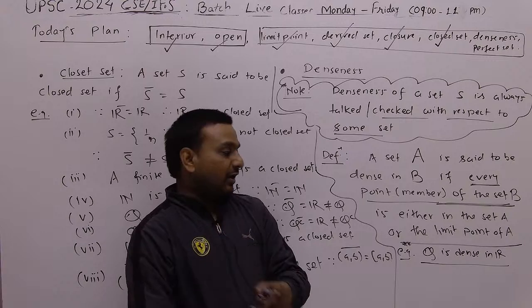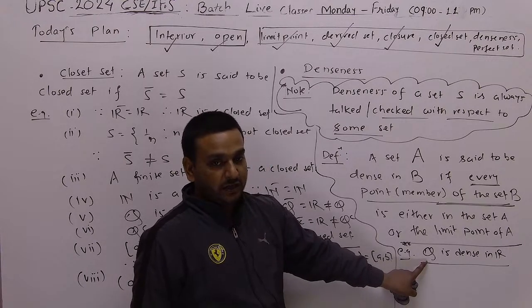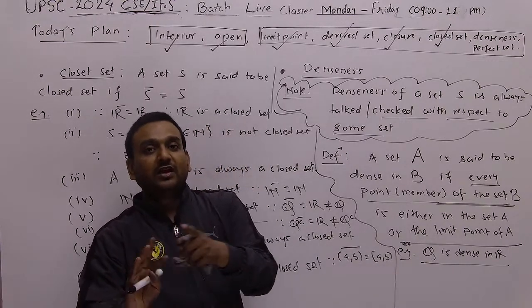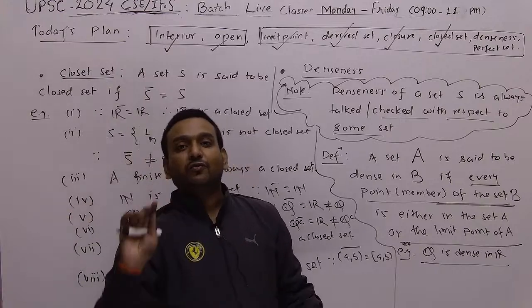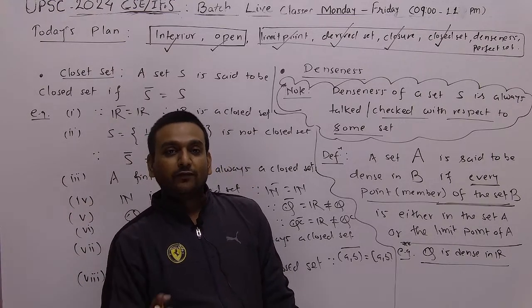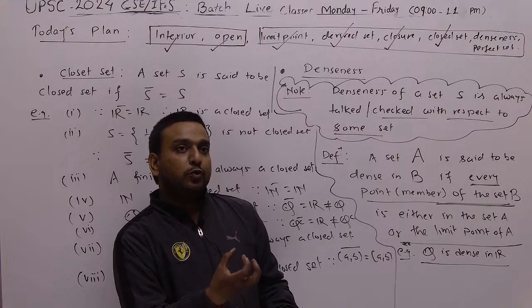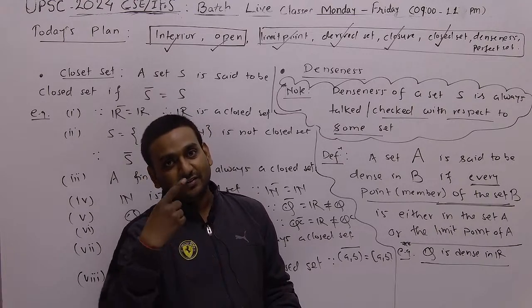If it is rational, then it is inside Q. If it is irrational, then it is a limit point of Q. So if you talk about denseness of Q in R, it is validated.